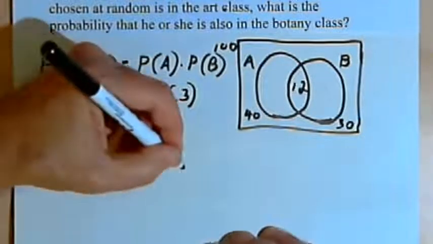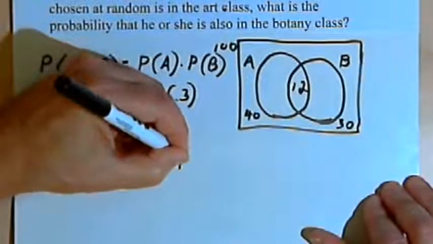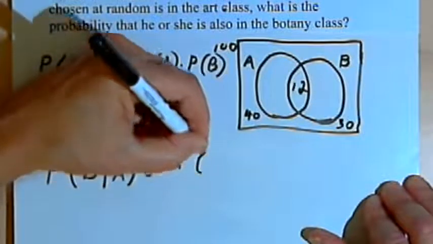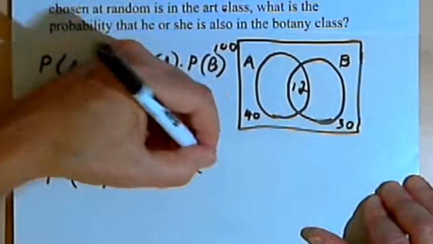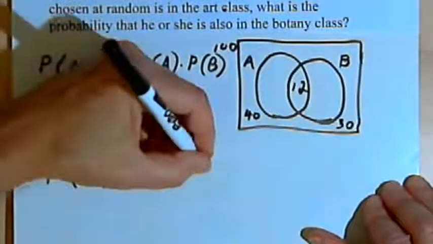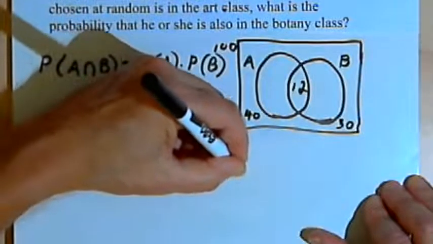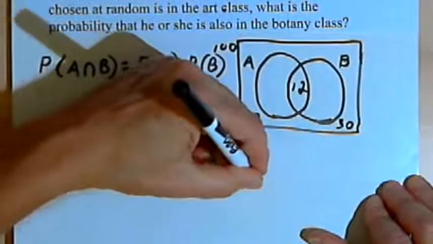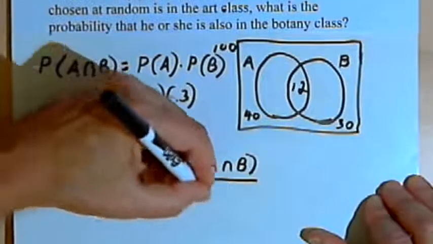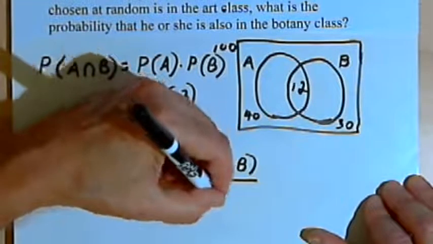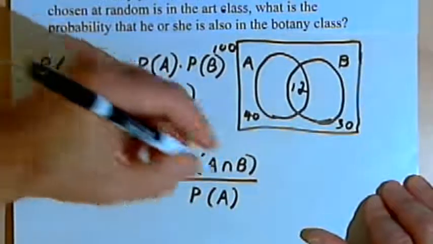Okay, so the formula, once again, is that the probability of B given A equals the probability of the intersection of A and B divided by the probability of A, the event which already happened.